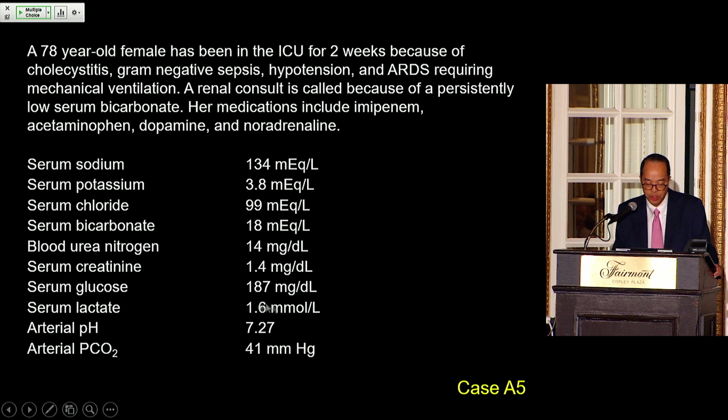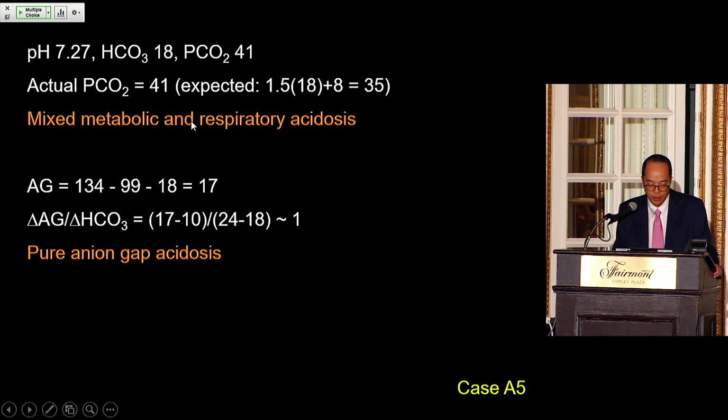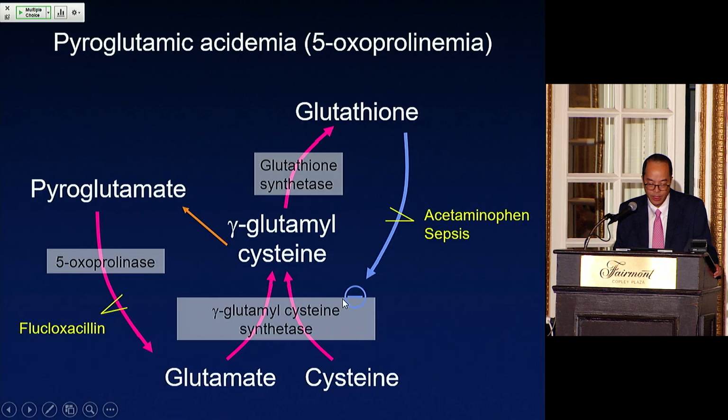So the contribution of a lactate of 1.6 to the anion gap is only 1.6. That's how you know there's something else going on. Here are the calculations, and this is just to remind you how pyroglutamic acid is generated, and it's due to the effects of acetaminophen and sepsis.